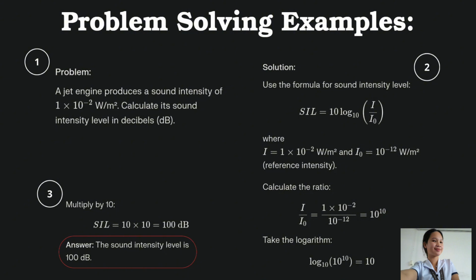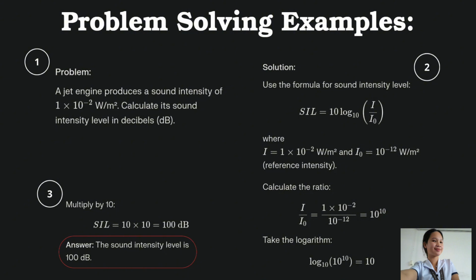So let's now apply the logarithm. Log base 10 of 10 to the power of 10 equals 10. So let's multiply it by 10. Sound intensity level equals 10 times 10, which is 100 decibels.